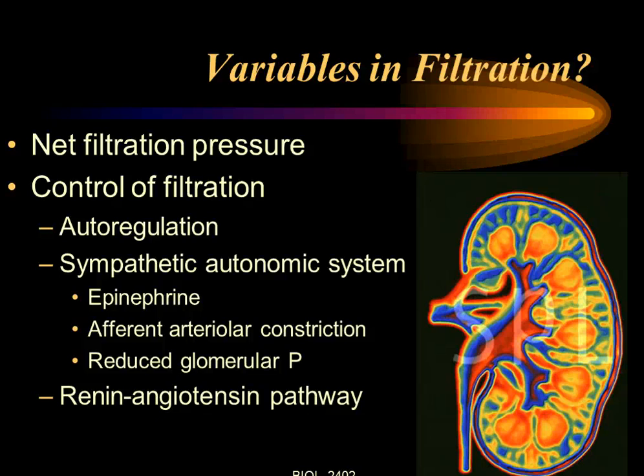When you reduce glomerular pressure, you're going to drop the net filtration rate. It becomes lower because there's less of a force outward and less urine is made. In other words, water is going to be conserved in the body. Okay, so that's an easy one.